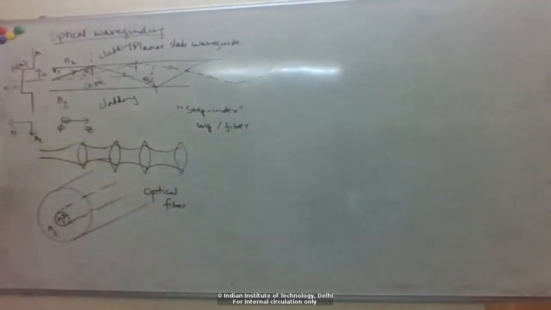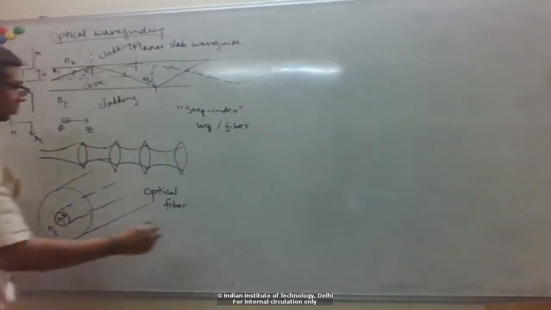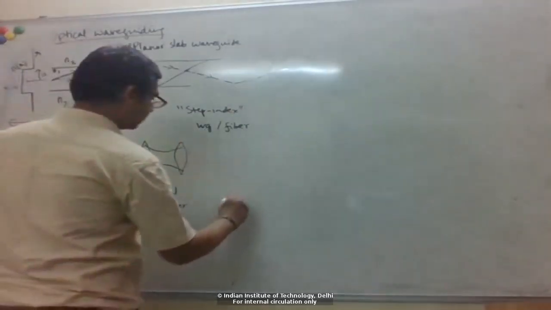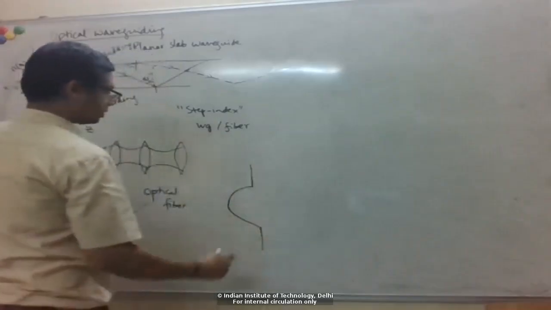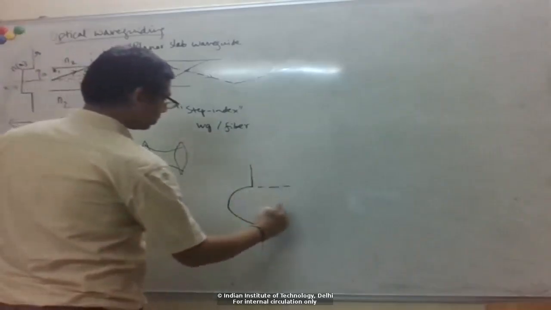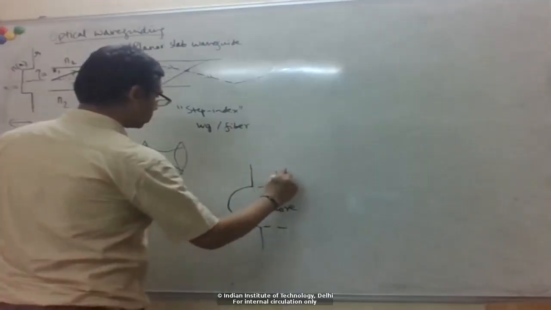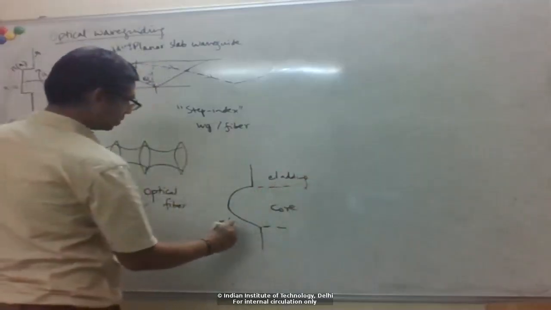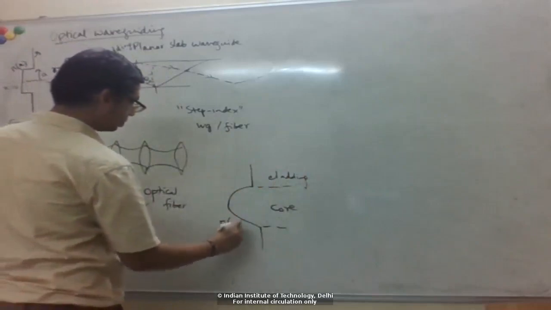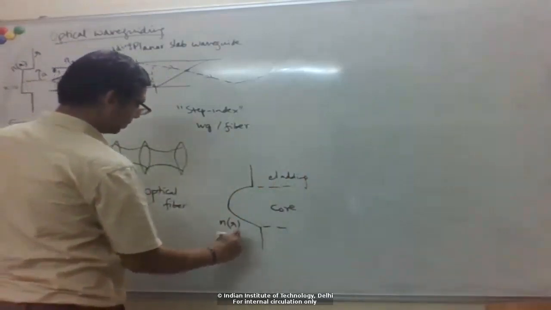Right, so you could also have varying refractive index in the core. So instead of a step, for example, you could have some refractive index profile which is varying continuously, like that. This could be n of r, or for the slab waveguide n of x.